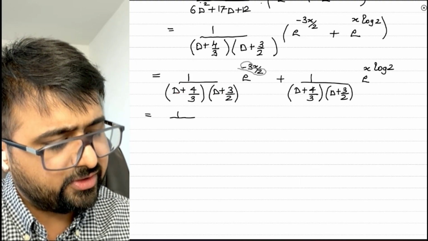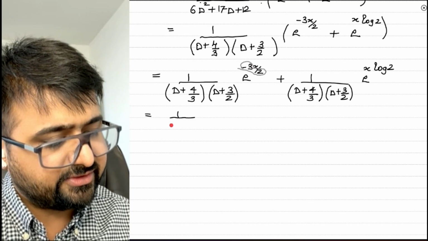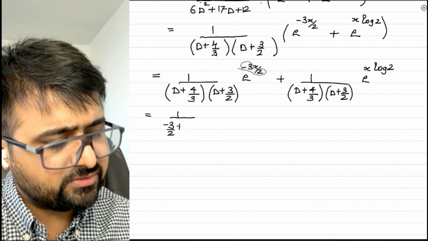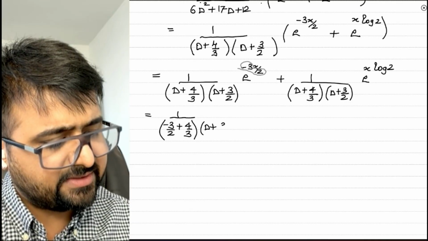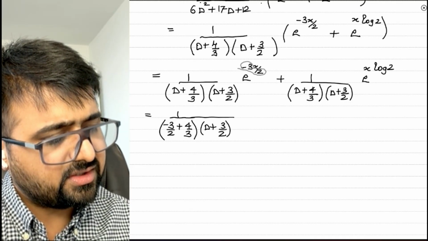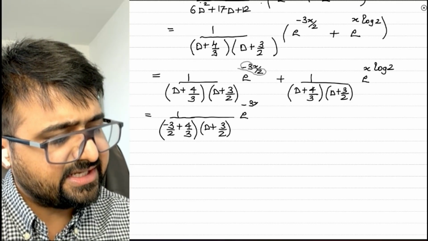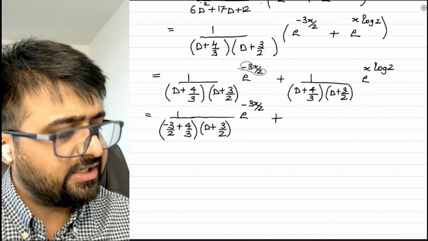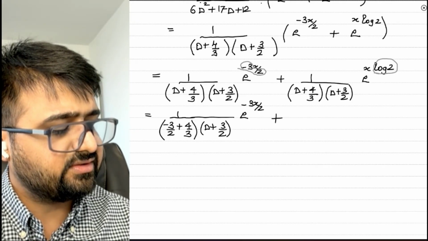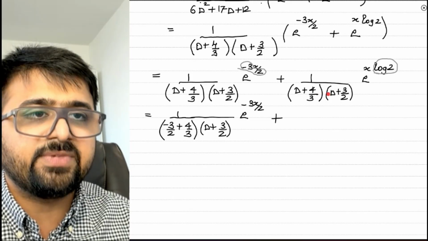So we have 1 upon, first substitute minus 3 by 2 over here. So minus 3 by 2 plus 4 by 3 into d plus 3 by 2, into e to the power minus 3x by 2, plus. Now we can easily substitute log 2 over here because it's not going to make the denominator 0.